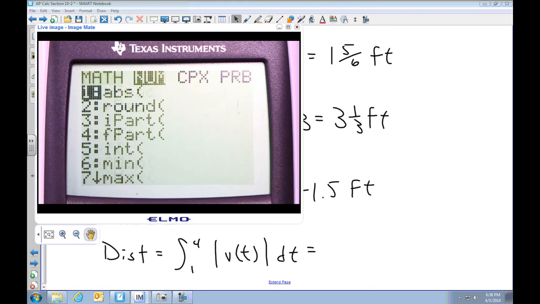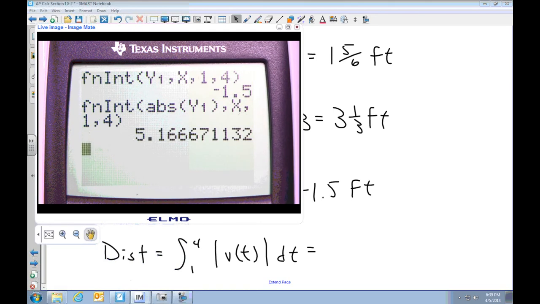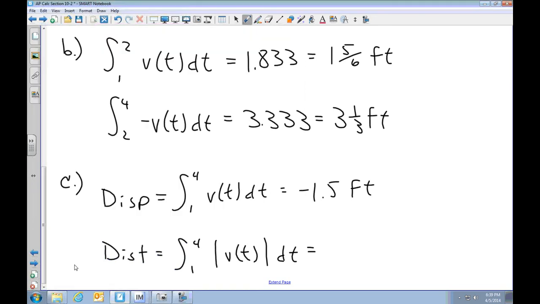So if you insert the absolute value function in there and integrate again from 1 to 4, it'll take a few more seconds to calculate that value, but it's 5.167 it looks like. Actually, that's 5 1/6 feet is what we end up with there.